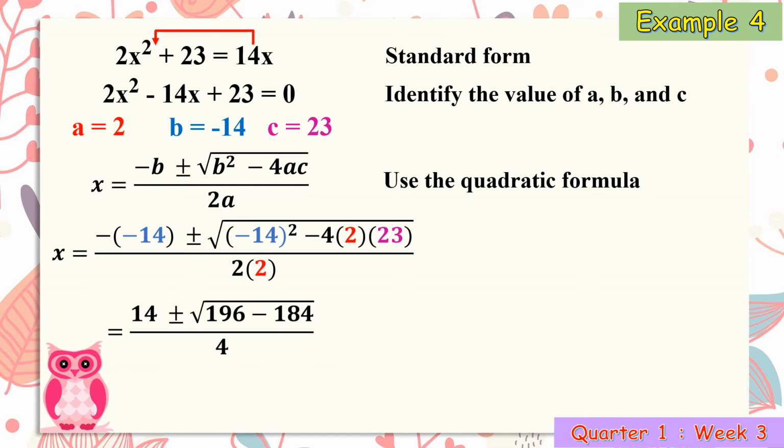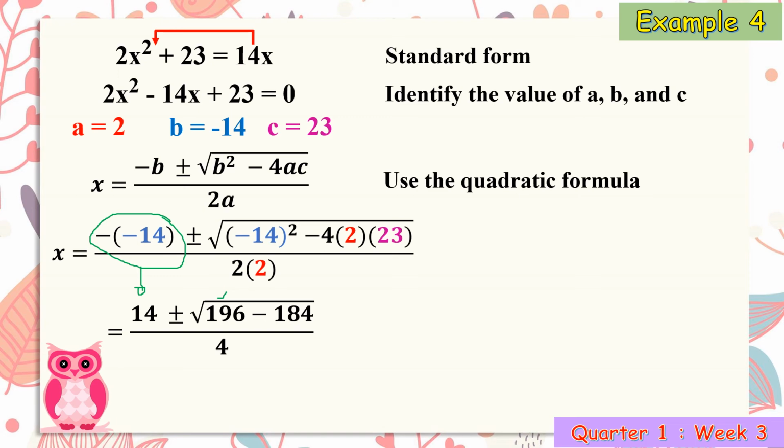Negative times negative 14, we got here positive 14. Then negative 14 squared, you got here 196. And negative 4 times 2 times 23, we got here negative 184. And 2 times 2 will give us 4.